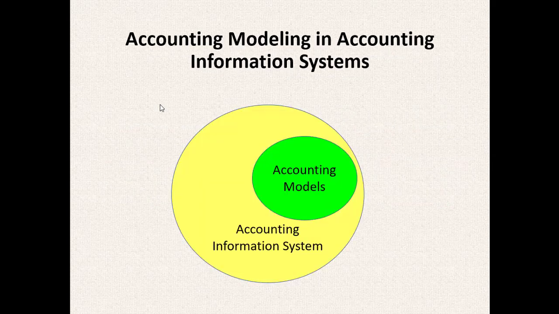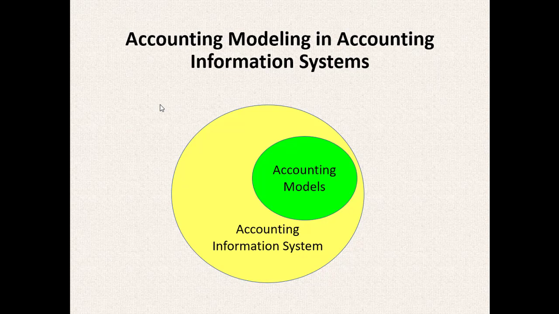Then we come to accounting modeling. That is the area of our interest. So we just need to know what is accounting modeling. In order to know that, we first investigated what is accounting, and then we came to the accounting information system. Now you can see that the accounting information system is going to be the broader picture.